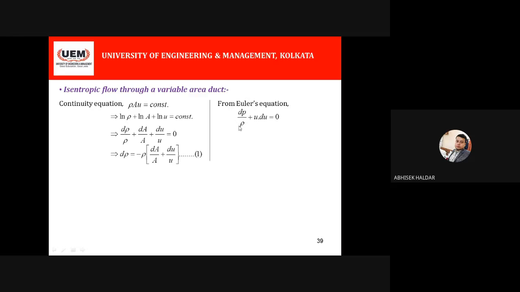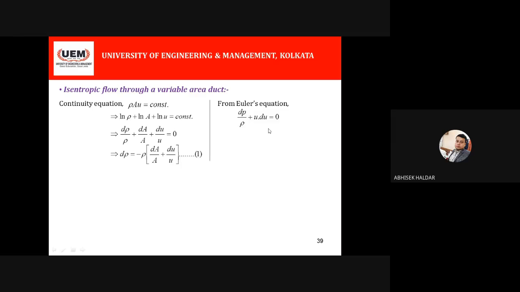Now this question may come into your mind: from where is sir thinking that I have to use this particular equation? The concept is very simple. Whenever there is no term of pressure and I have to take some term of pressure, I have to go for the Euler's equation. That is the governing equation for any fluid mechanics.